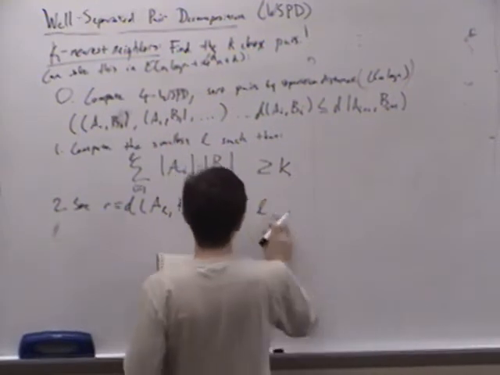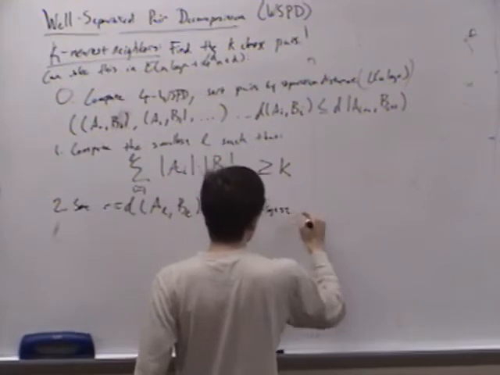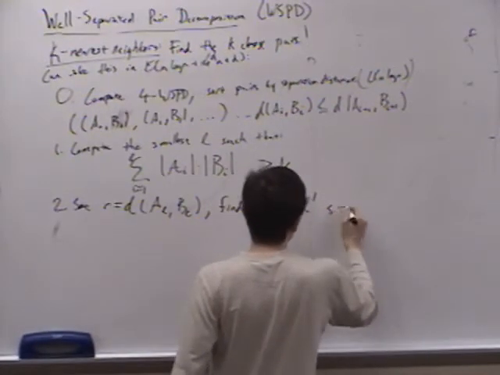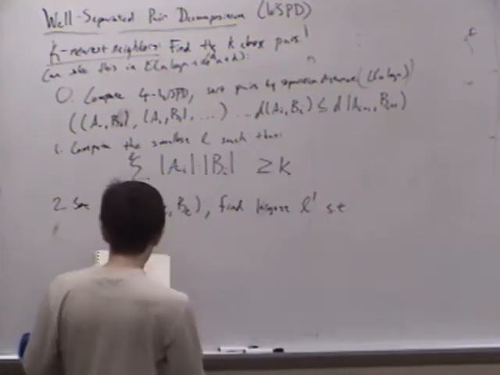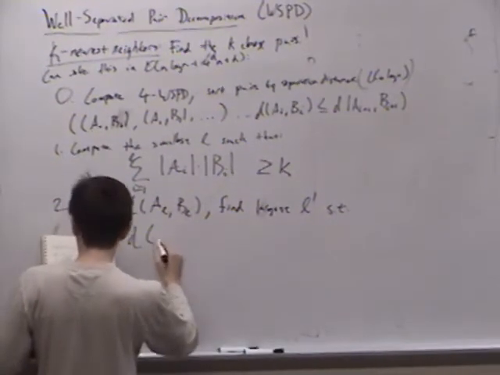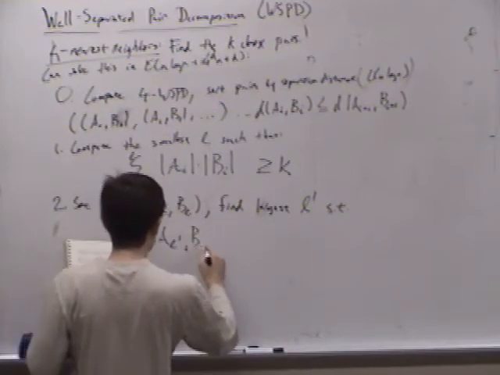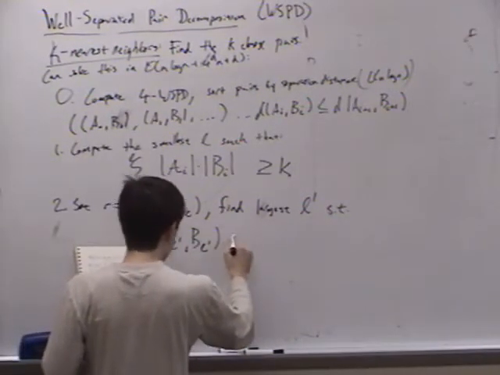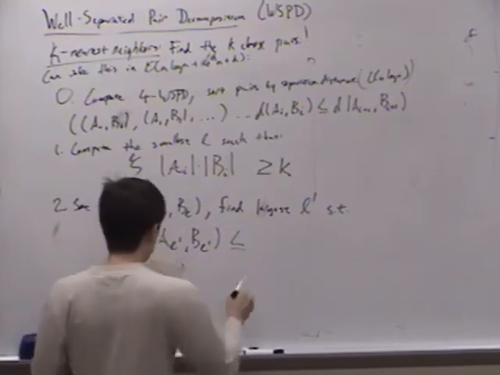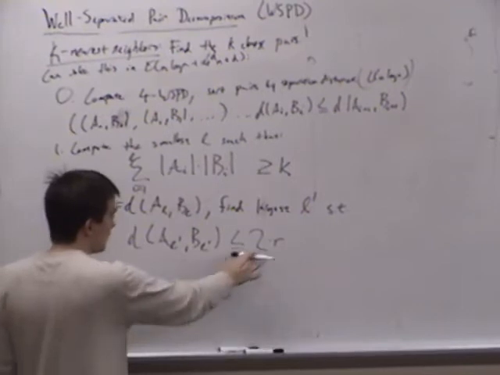Find the largest L prime such that the distance of A L prime, B L prime is less than or equal to 2 times R. So we're going to find the largest pair now, which is over there.